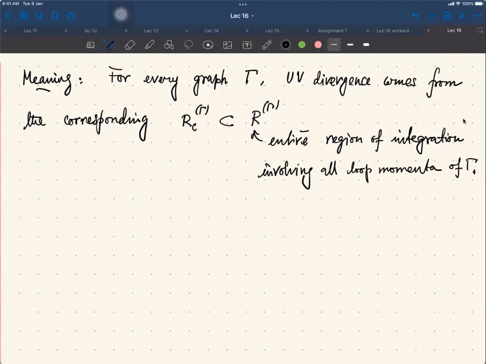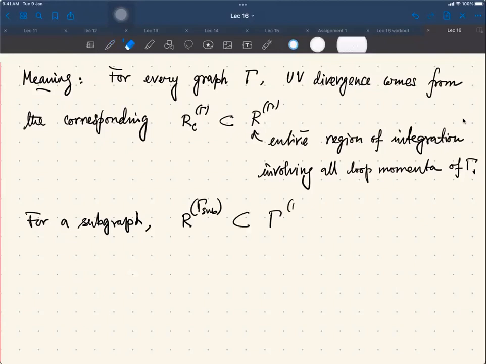But when you consider a subgraph, we have R gamma sub, which is a subspace of R gamma. R gamma sub is the entire region of integration involving a subset of momenta corresponding to the subgraph.